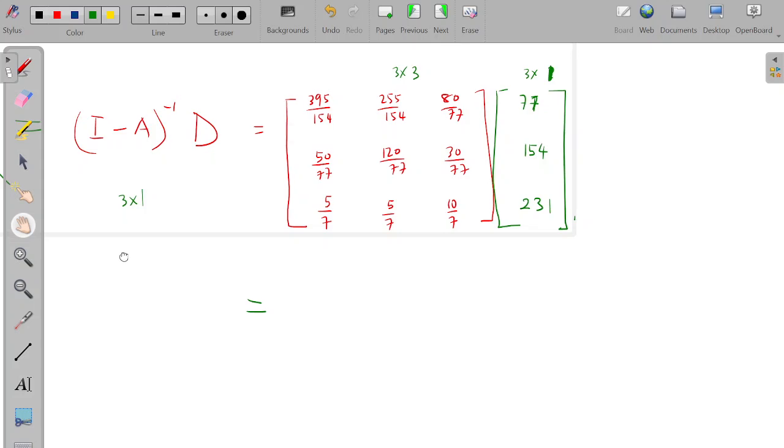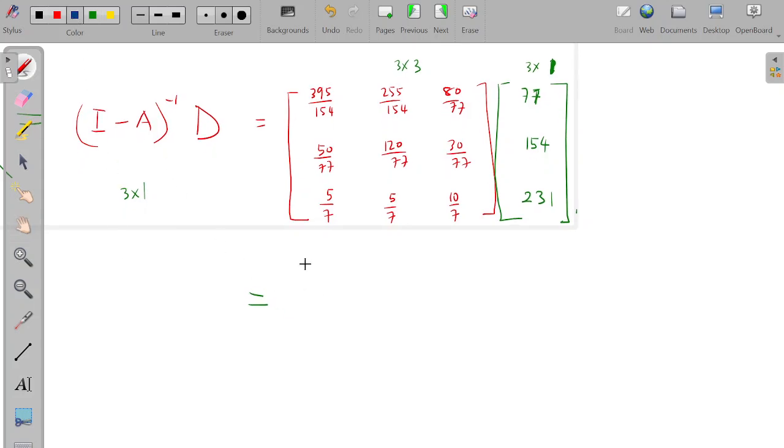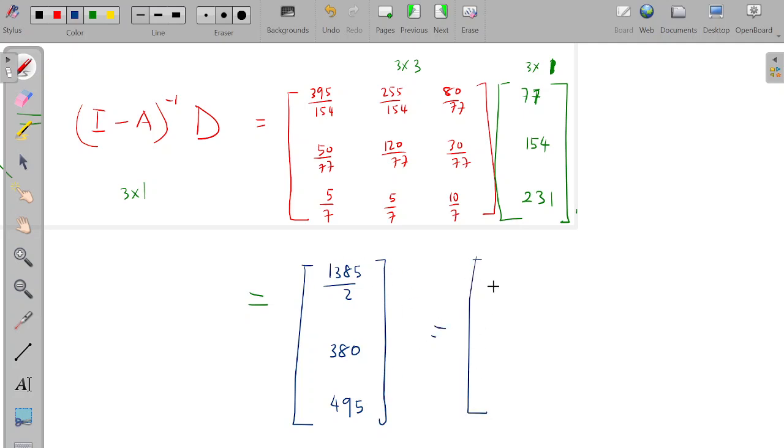So the first row gives 1385 divided by 2, the second row gives 380, and the third row gives 495. The first is the same thing as 692.5.